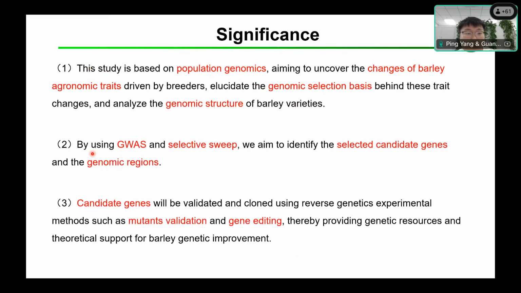By using GWAS and selective sweep, we aim to identify the selected candidate genes and genomic regions. And the candidate genes will be validated and cloned using reverse genetics experimental methods such as mutant validation and gene editing, thereby providing genetic resources and theoretical support for barley genetic improvement.